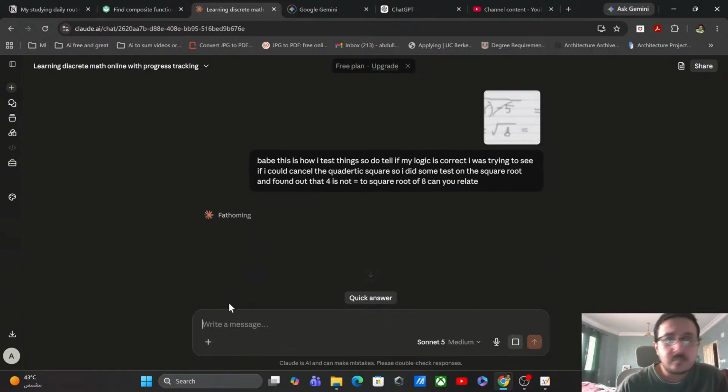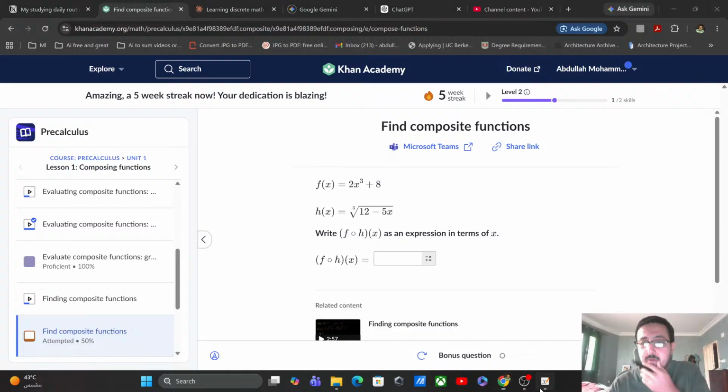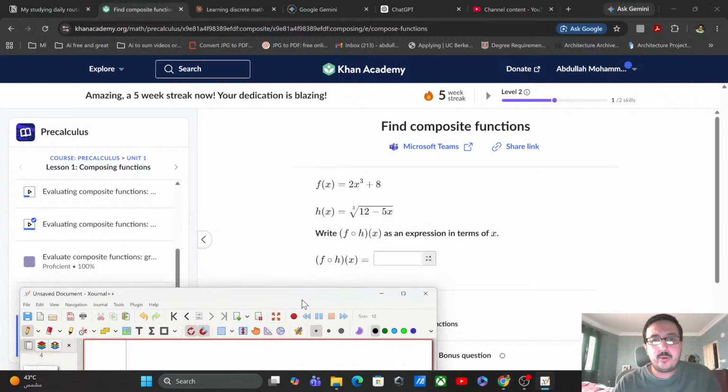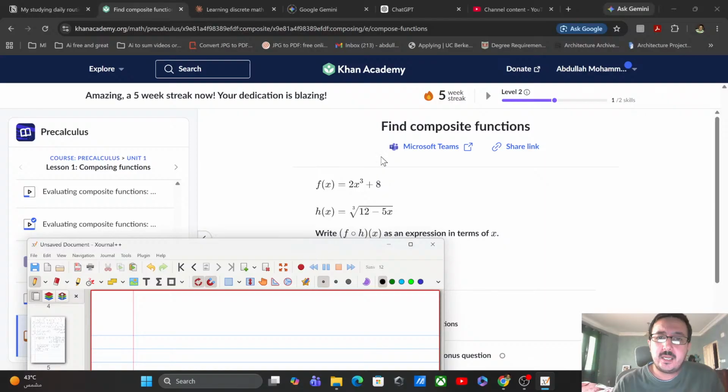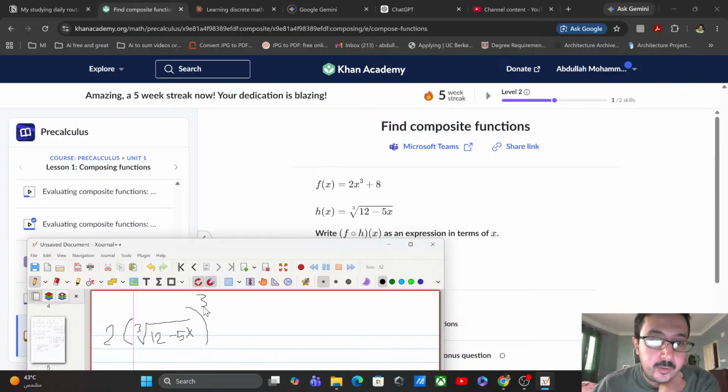Okay, I'm going back to this. We find this, so what are we having here? F of h, and this one. What do I have? I have 2 times the quadratic root of 12 minus 5x all to the power of 3, plus 8.